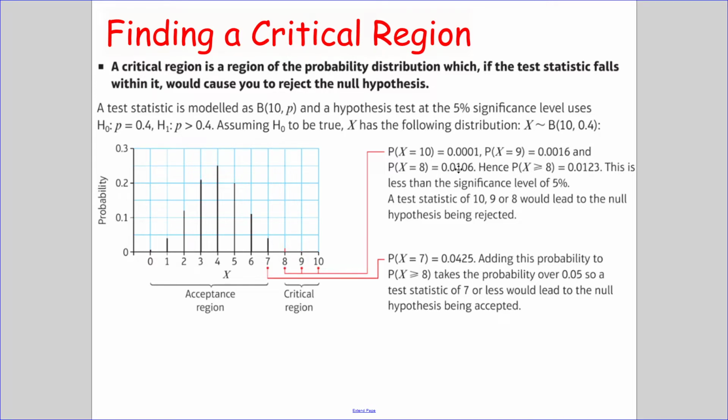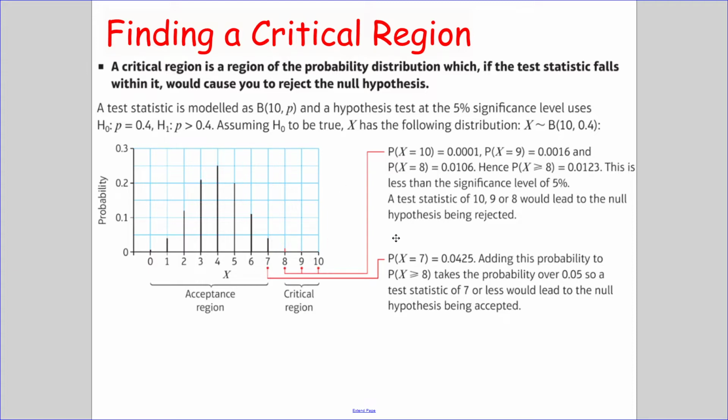And if you add up all of these things, 8, 9, 10, you get something that's about 1%. So that's less than our 5% significance. If you add in the next one, if we add in 7 as well, we get a probability of over 5%. So this thing, 8, 9 and 10, is our 5% of the least likely outcomes. This is what we call our critical region.